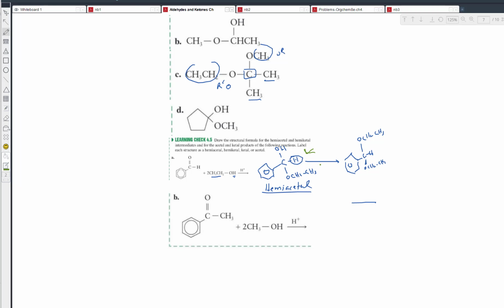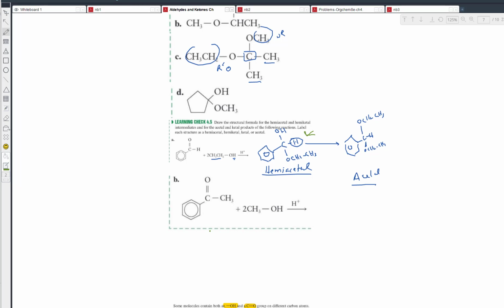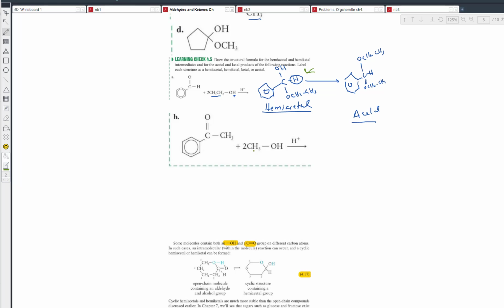What about the next one? So it proceeds further on, and we would have acetal. Acetal. Okay, now do the same type of thing here in the B part. Let's do like here and then go here.